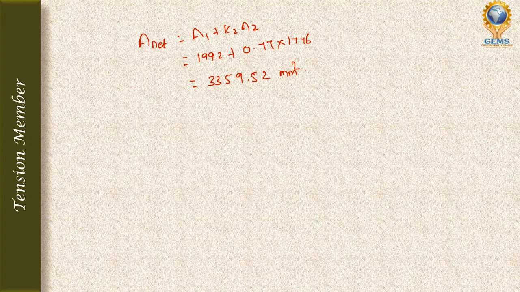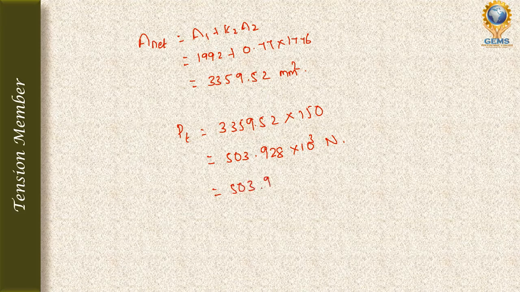Then what is the tensile strength? That is 3359.52 into 150 Newton per mm square. So it will come to 503.928 into 10 to the power 3 Newton, or 503.928 kilonewton.